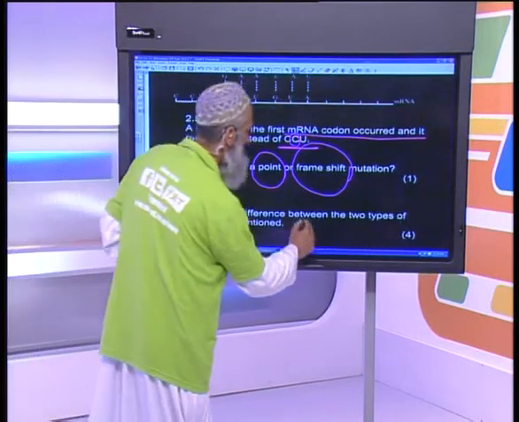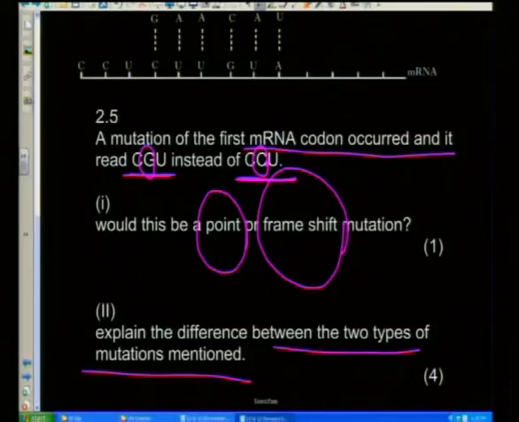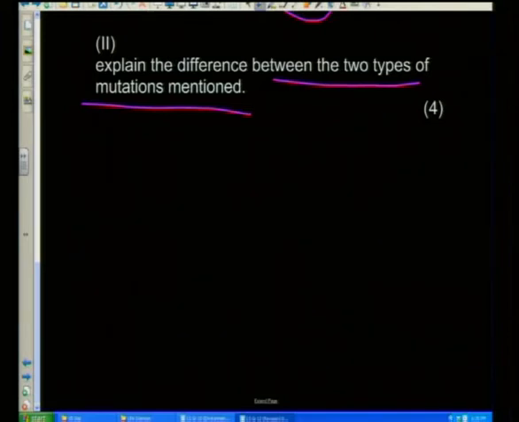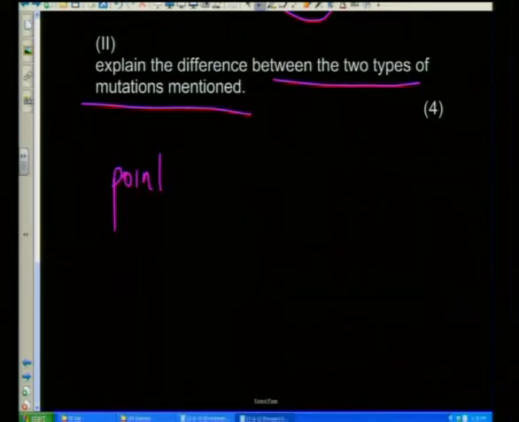Explain the differences between the two types of mutations mentioned. We are going to deal with it again in the essay, but let's just deal with it now. When I get to the essay, I'll refer you to this as well. So the one is obviously point, and the other one is frame shift.